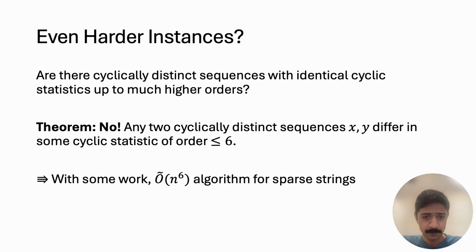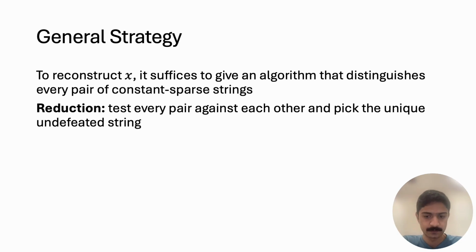However, this result not only eliminates stronger lower bounds from cyclic statistics, it gives an algorithm for reconstructing any sparse string, which is the last section of this talk, upper bounds from cyclic statistics.